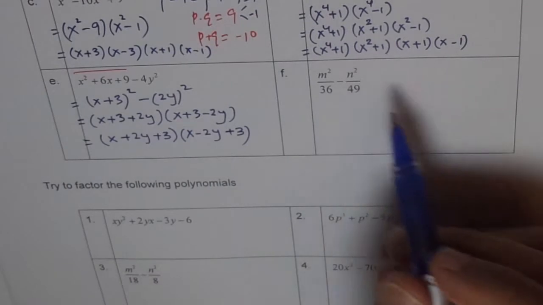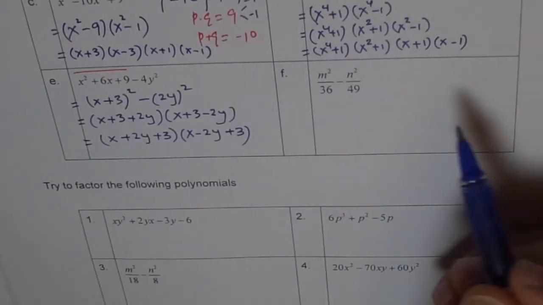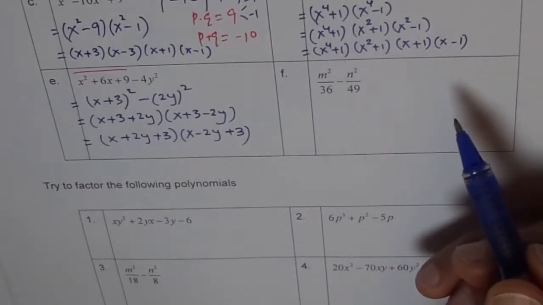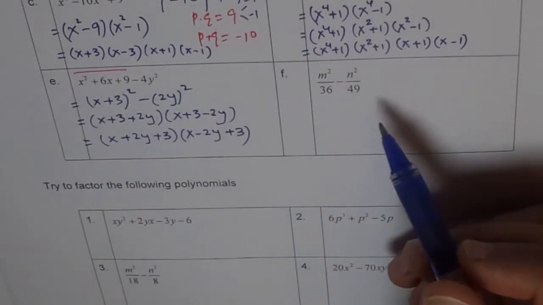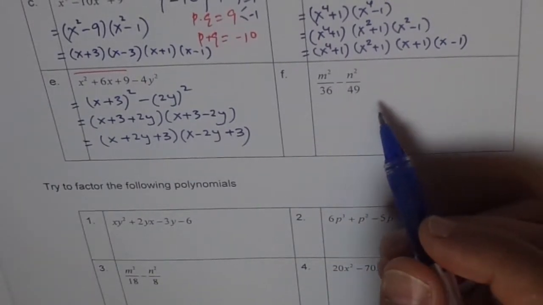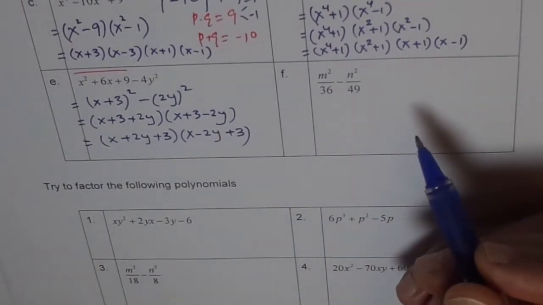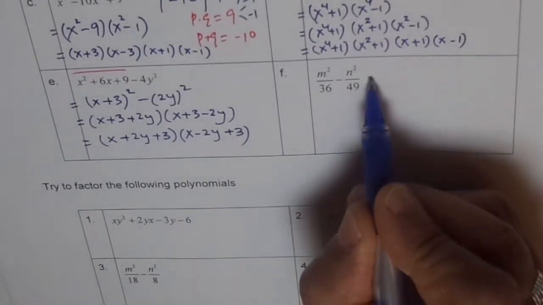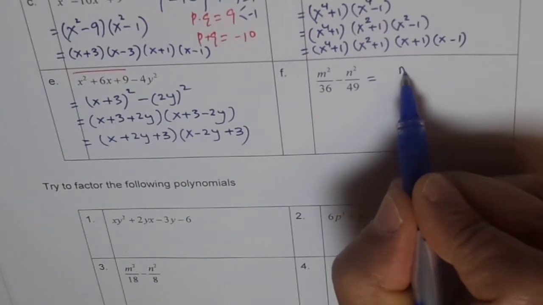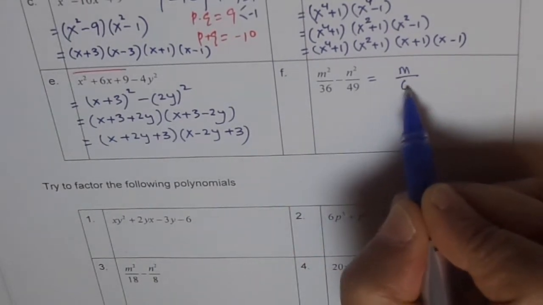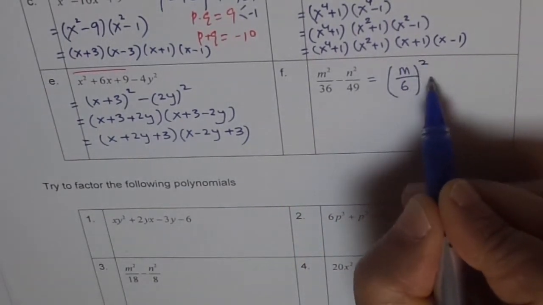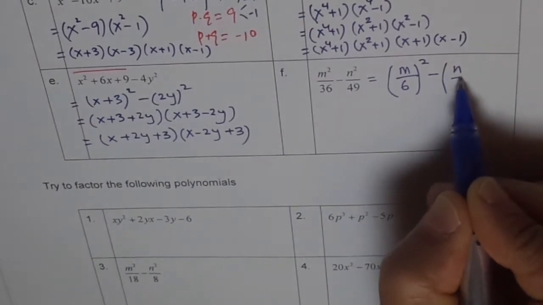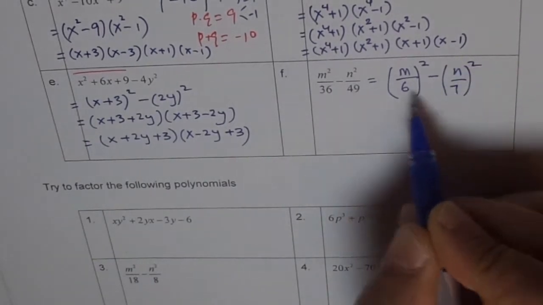This one is difference of squares, very simple. Only thing is, it has got denominators. Fractions, correct? Some students are afraid of fractions. They get puzzled when we see this kind of problem, okay? It's not that difficult at all. I can write this as m over 6, this is 6 square, so this becomes m over 6 whole square minus n over 7 square, 7 square is 49.